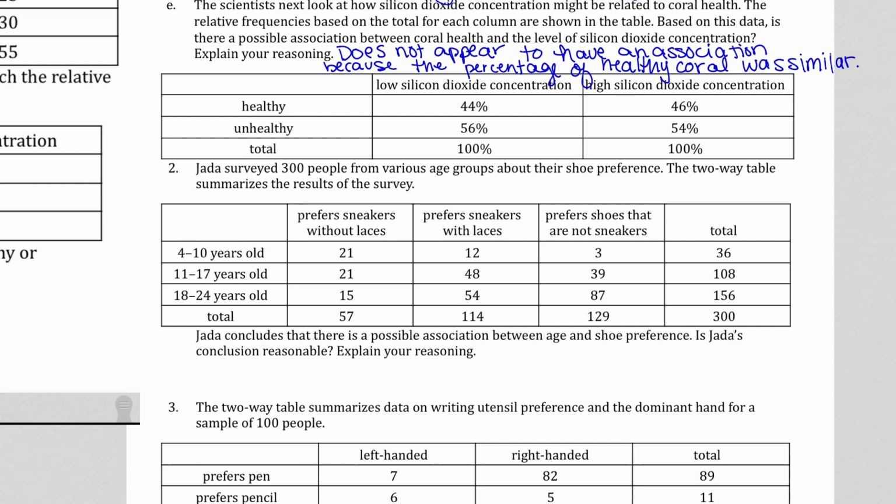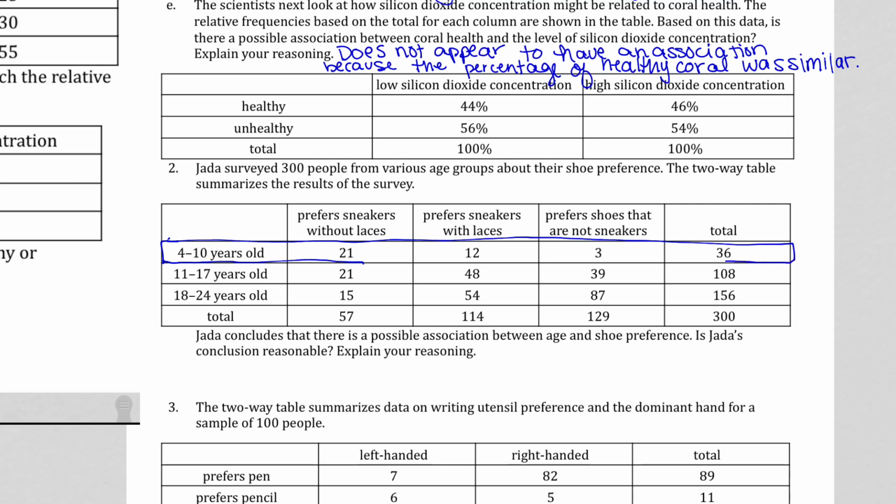So in this case, if we look at the rows, it may be best to put this into percentages so you can see that. So I'm going to grab my calculator really quick. If we take 21 and divide it by, not 57, we're looking at the rows. We're looking at the age association.